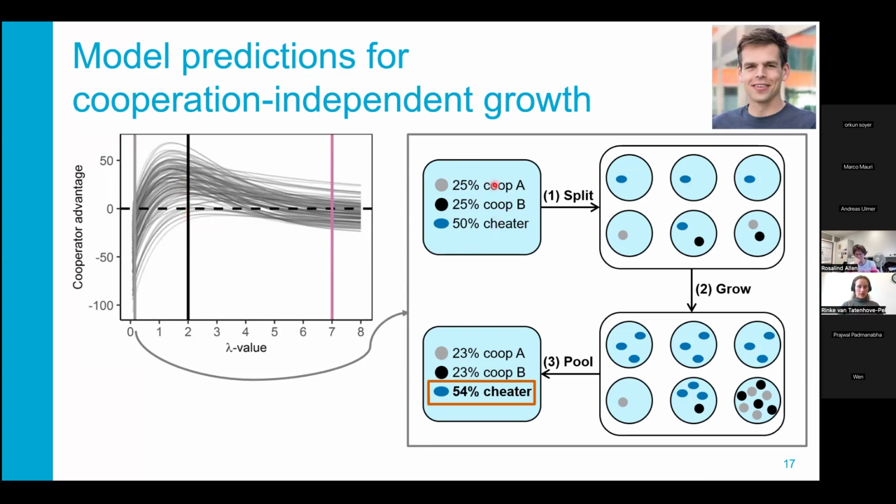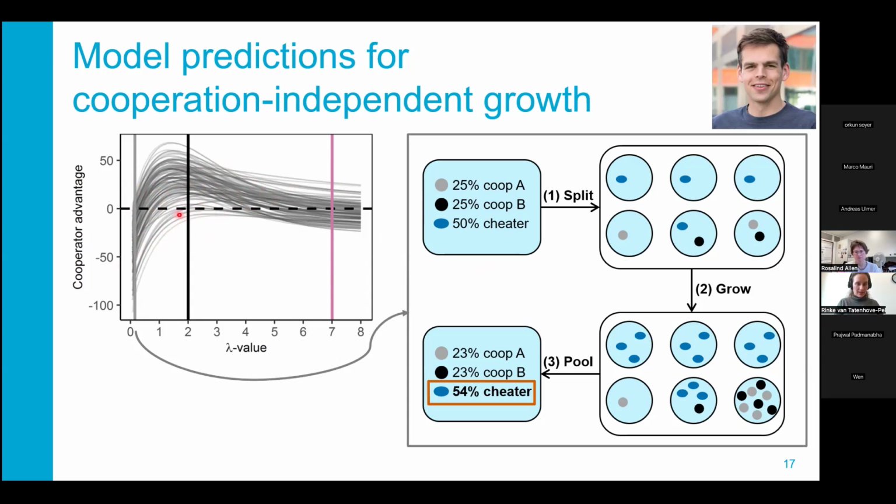So if you have really low cooperator frequencies, then the optimal lambda is a bit higher because you want to increase the chance of them meeting. If you already have quite some cooperators together, then it's better to have a lower lambda. And the model results here are for all kinds of different combinations of different initial fractions.